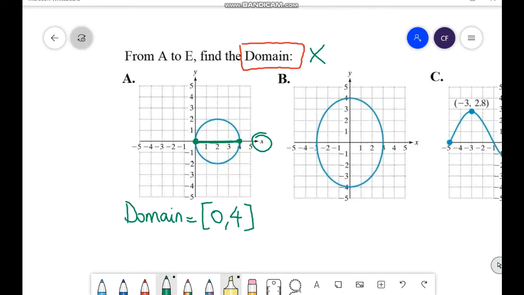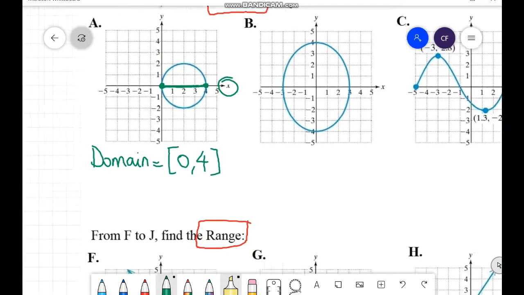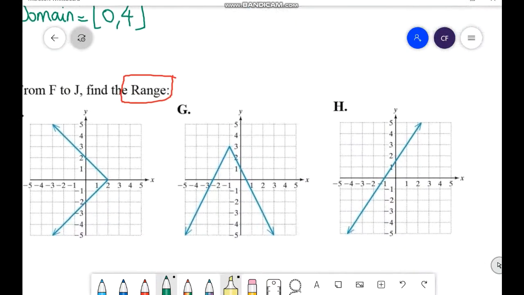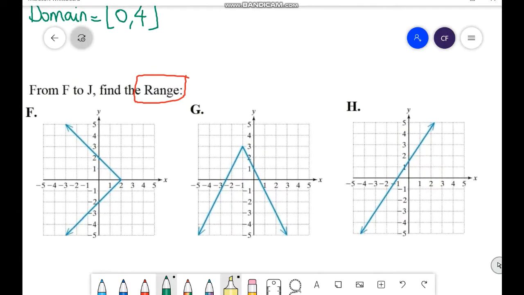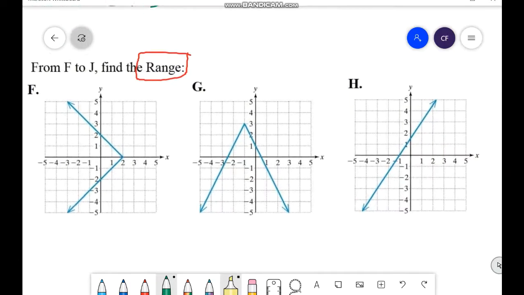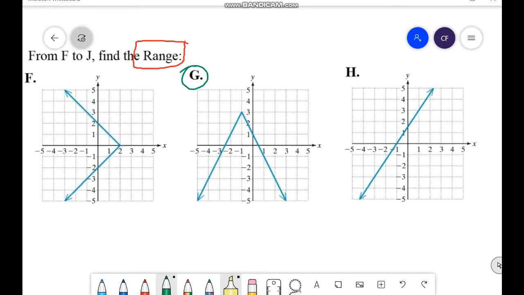Let's check an example to find range. Let me show one example here, maybe letter G. Now we're talking about range. We're going to work on the y-axis. And see the arrows. The arrows mean that the range goes all the way to negative infinity because of these arrows here.